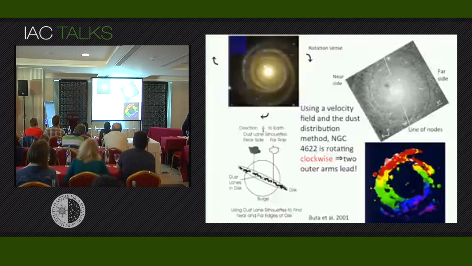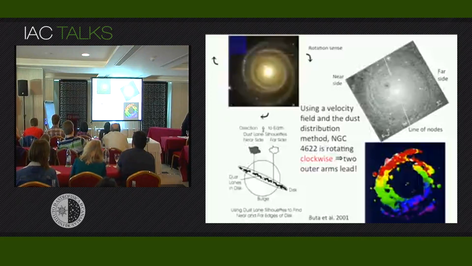And due to a conspiracy between epicyclic motions and the way the arm is swinging, you can get stars staying near the arm as it swings, and that enhances its self-gravity, and you get a considerable amplification of the trailing wave over the original leading wave, and so you have swing amplification.